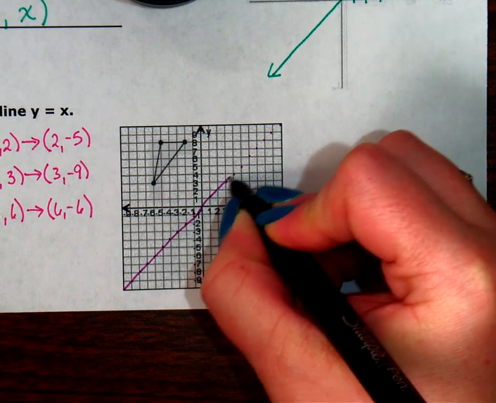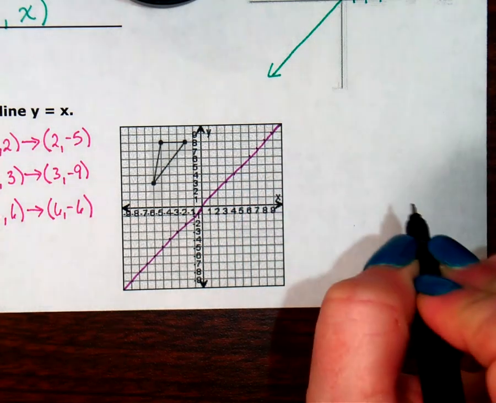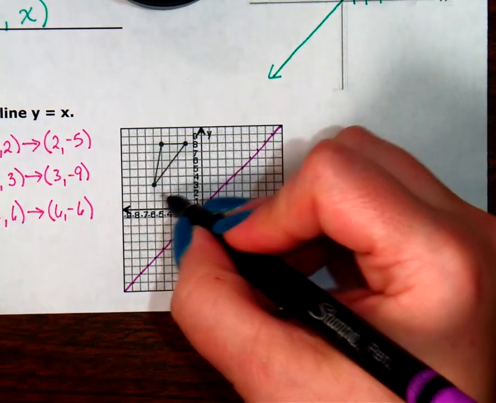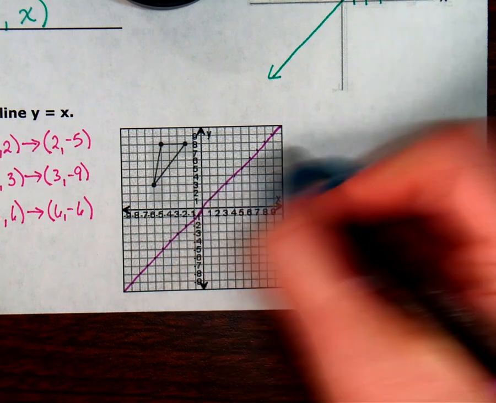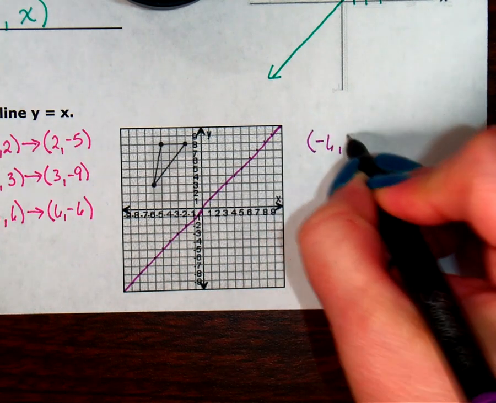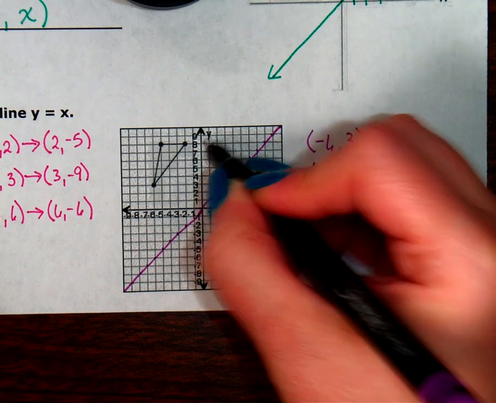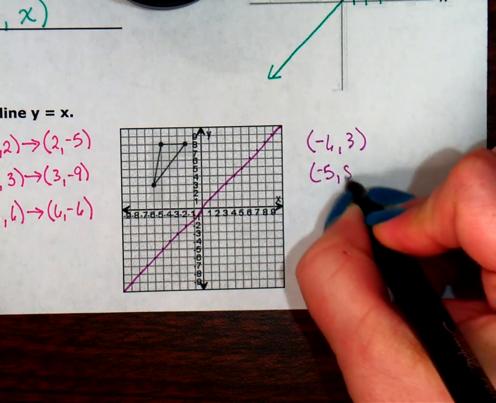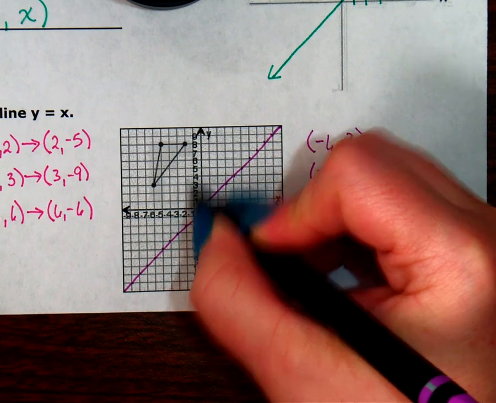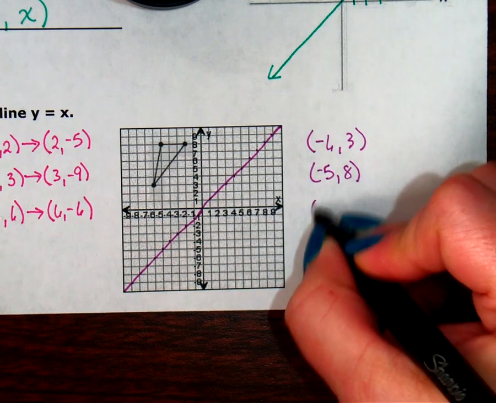It gives my eyeball a place to head to. Then let's look at what our 3 points are. I have (-6, 3), (-5, 8), and (-2, 8).